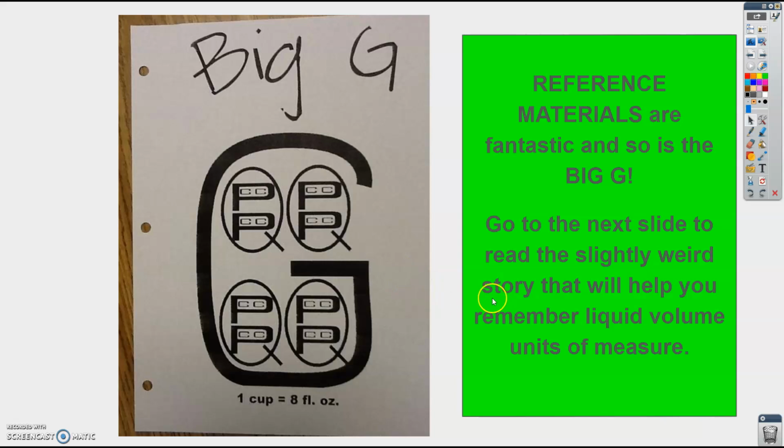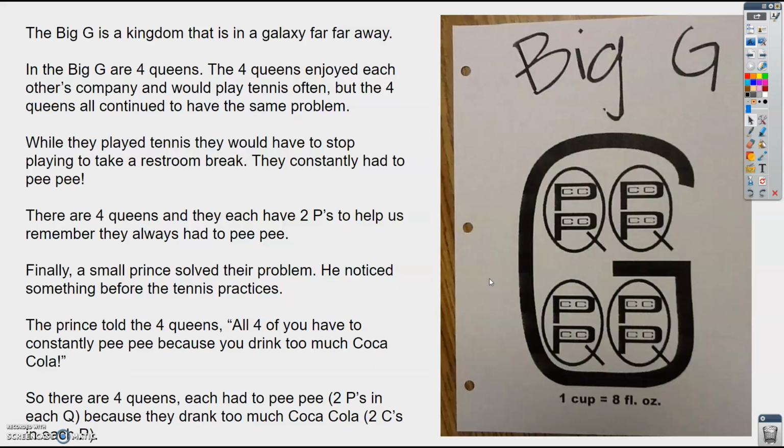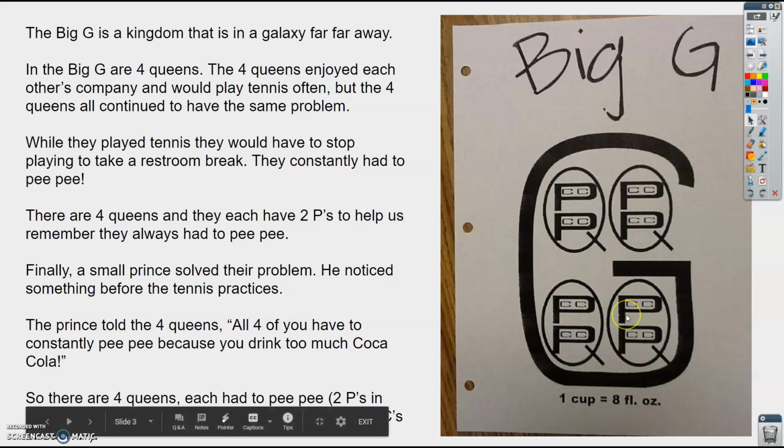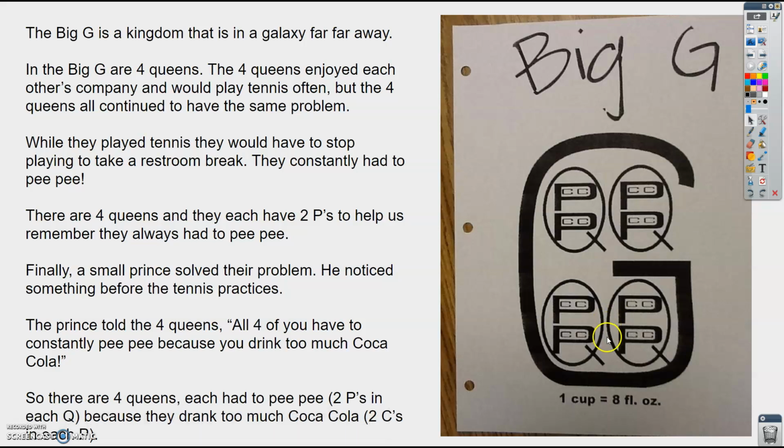So the big G is a little story that you may have heard, but I'm going to tell it my way, which is probably going to give you some secondhand embarrassment, but you're going to remember it. The big G is a kingdom in a galaxy far, far away. In the big G, there are 4 queens. The 4 queens enjoyed each other's company and would play tennis often.